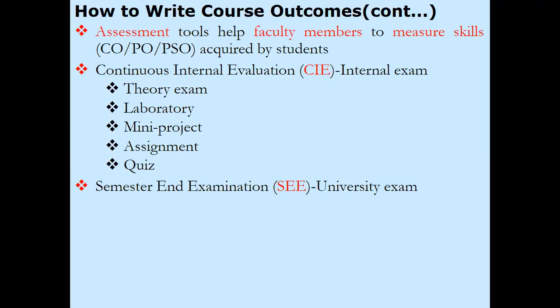Here, the allocation of the marks with respect to CIE and semester end exam varies from university to university. State universities also vary. In some universities, the internal marks will be 50. Some universities say it is 35 marks. It will vary.